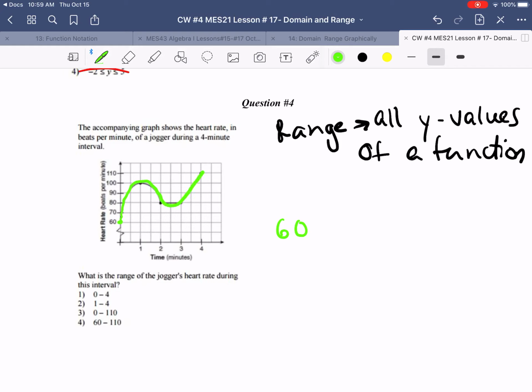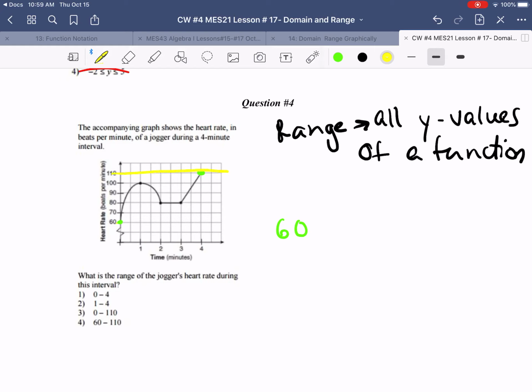It looks like this is the highest it goes. Let's double check. Does it go any higher? No. So this is a version of the rectangle method. We're just using the bottom and top. So the function does not go higher on the y-axis than 110. So y is between 60 and 110.